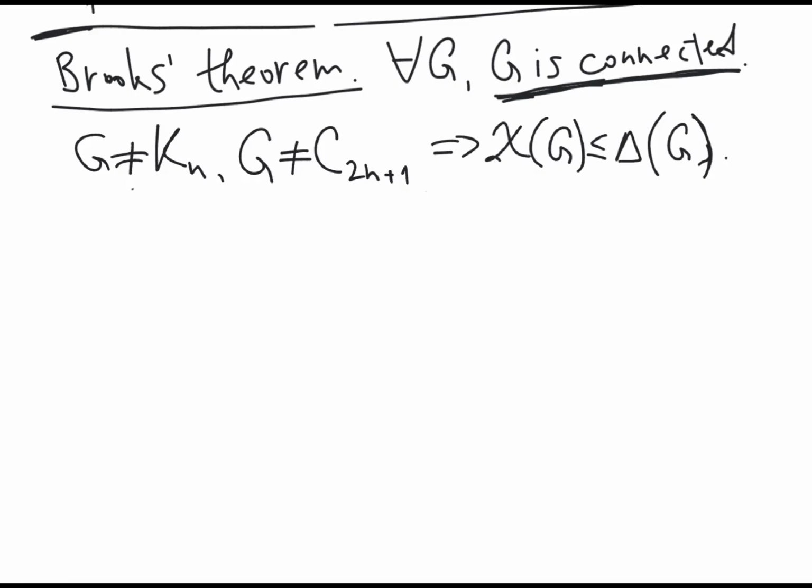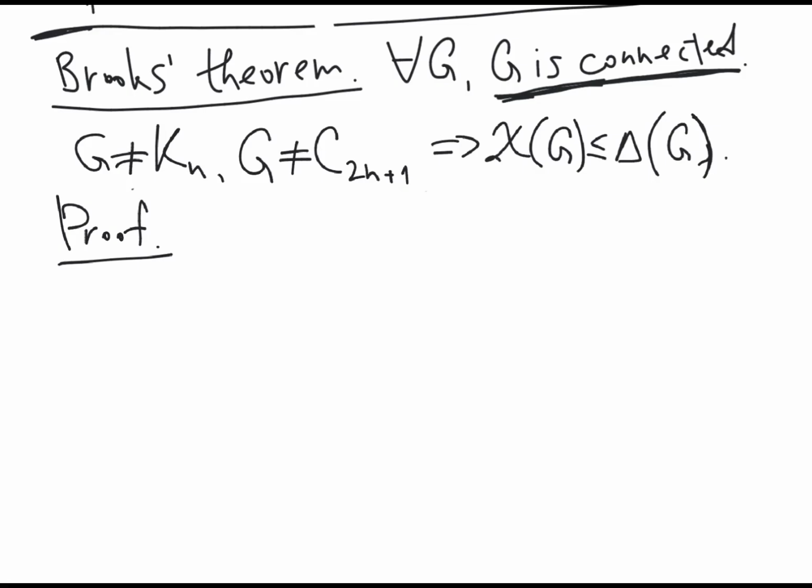So, let's prove this. The general idea of the proof is going to be the same. We are going to use induction on the number of vertices, but it's much more difficult to prove than the original upper bound.